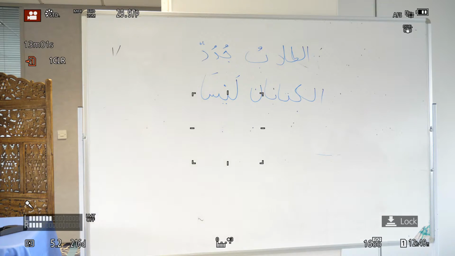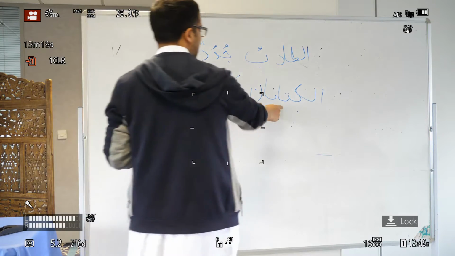Remember the mubtada and the khabar have to agree in everything. Gender and number. So if you were going to say the book is new, you say al-kitabu jadidun. How do you say the 2 books are new? Al-kitabani jadidani. Al-kutubu jududun. So now you're talking about 2 books.